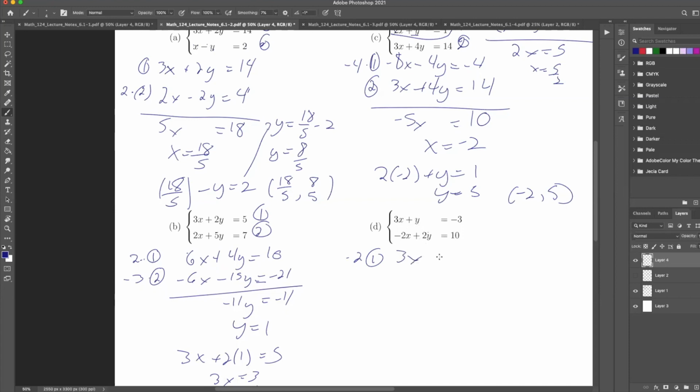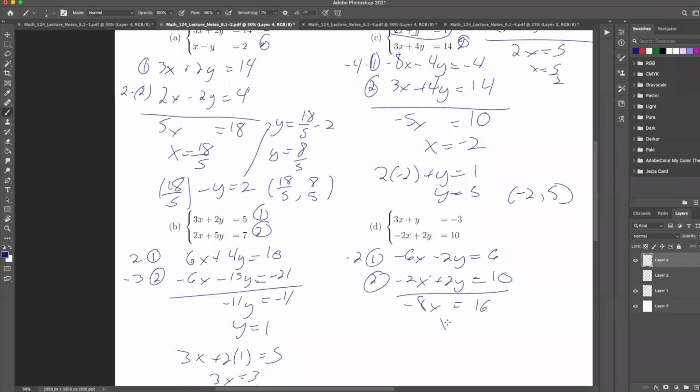Why? Because that would make this one -2 and go across. So this would be, oh no, hold on. This would be -6x minus 2y equals +6. And then I'd have -2x plus 2y equals 10, because I'm just going to leave equation 2 alone. If I add this up, I get -8x equals 16.